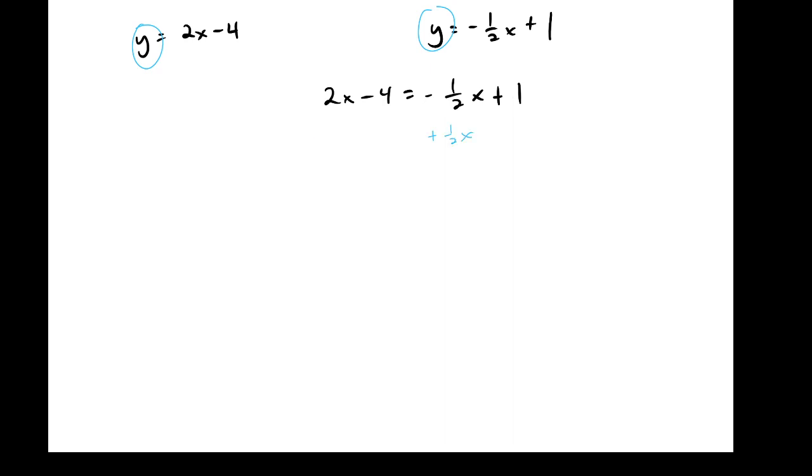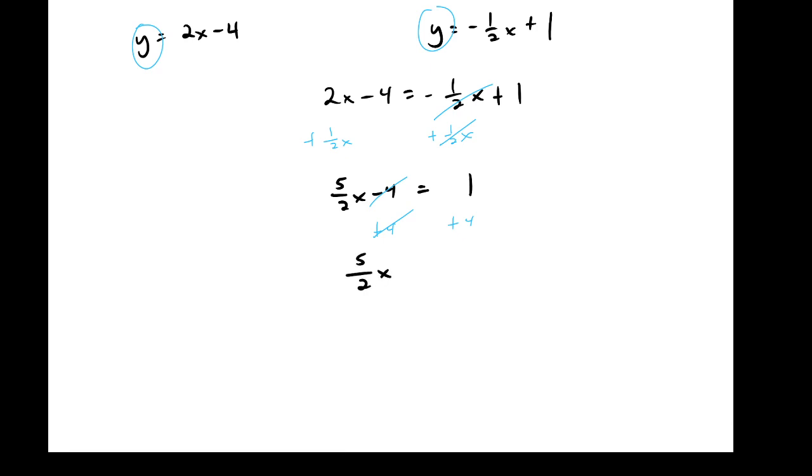So plus 1/2 x to both sides. These guys cancel. So 2x plus 1/2 x is going to be 5/2 x minus 4 equaling 1. Add 4 to both sides. So I'm solving for x, trying to get it by itself. 5/2 x.